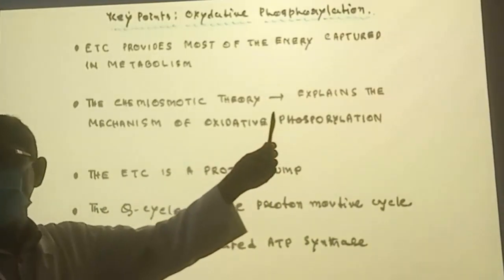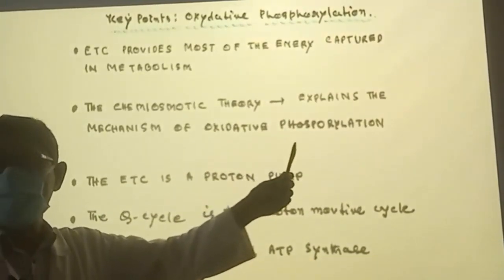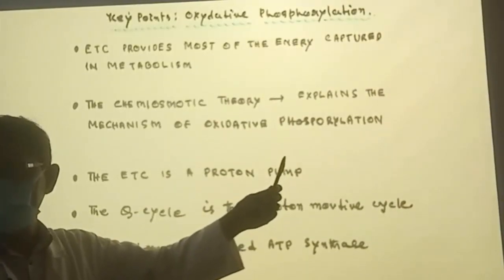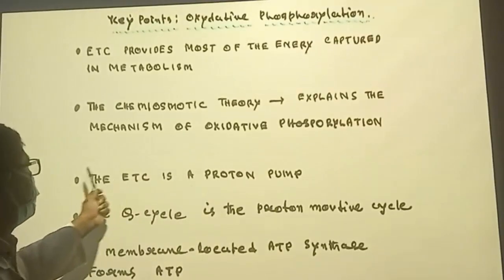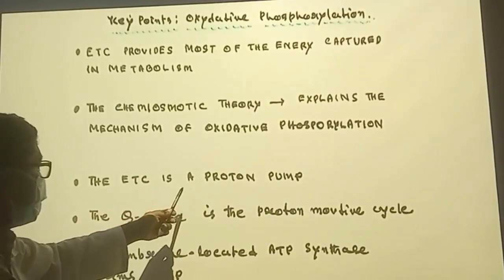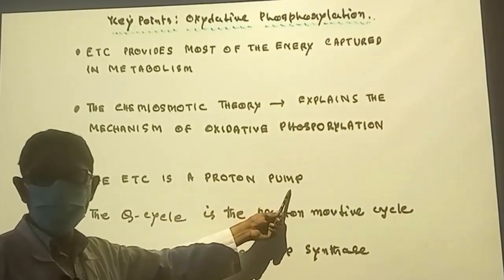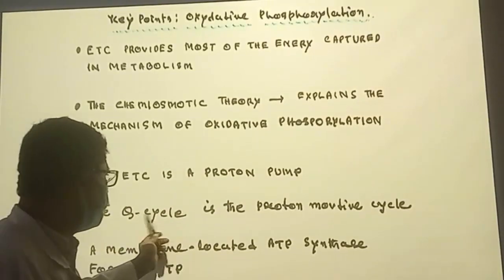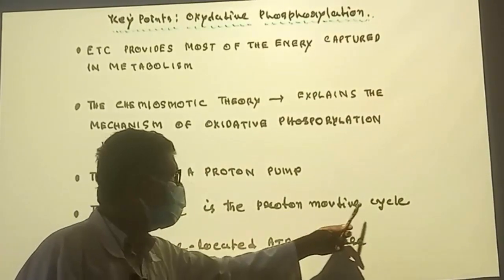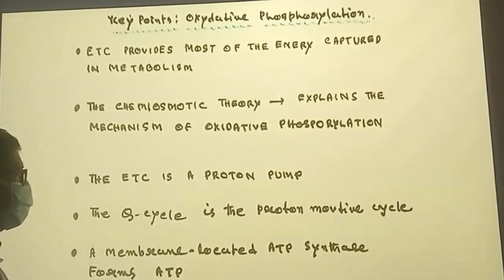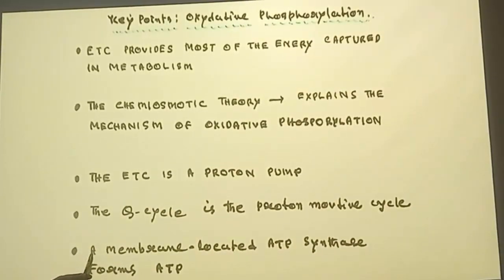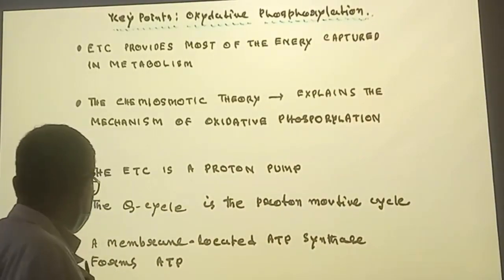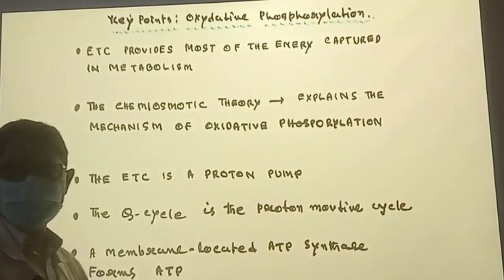Chemiosmotic means there is osmosis of proton, pumping of proton outside and re-entering the proton through the ATP synthase complex. I will give you detail of the ATP synthase complex. The ETC is a proton pump. I have told you already. The coenzyme Q cycle is the proton motive cycle. So protons will be pumped out through this cycle. A membrane located ATP synthase forms ATP. We are going to discuss this next.